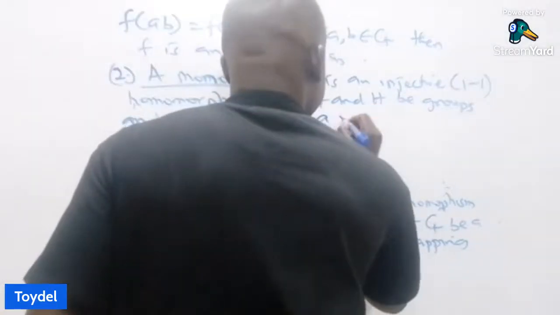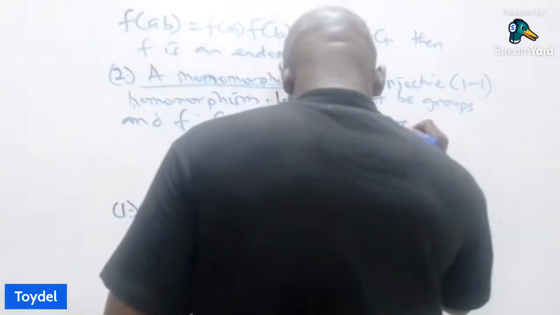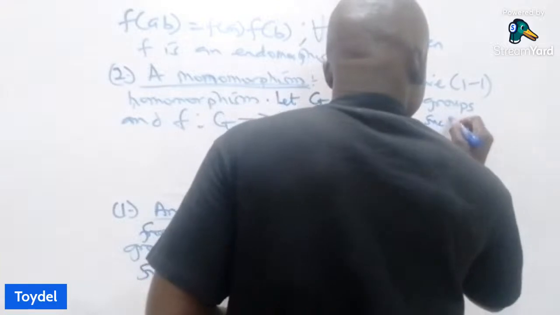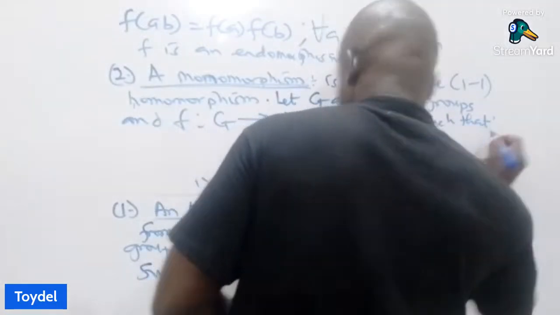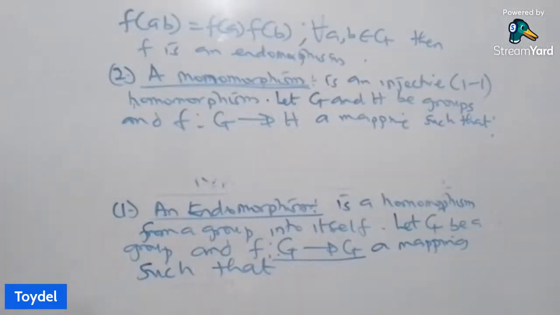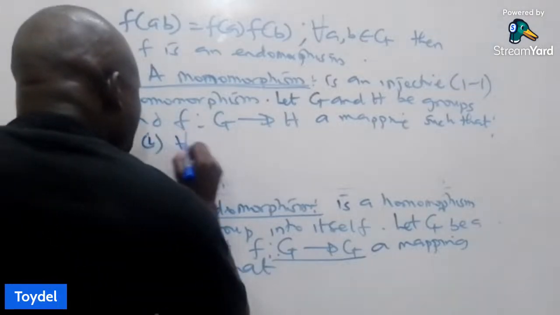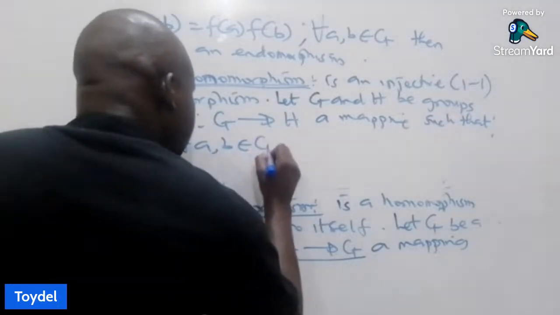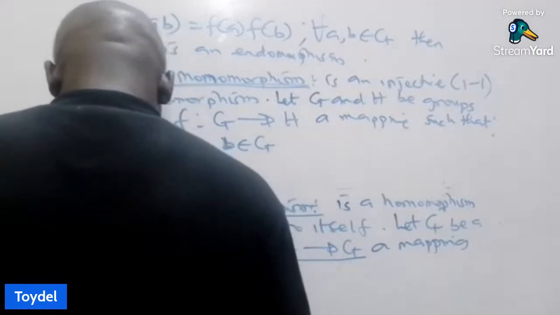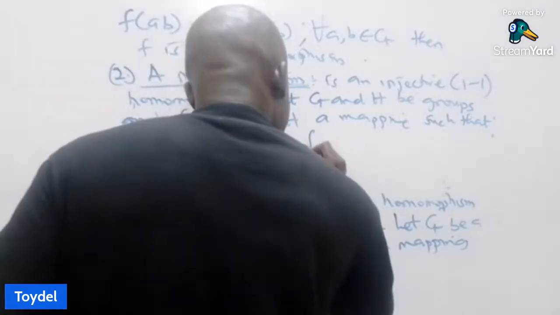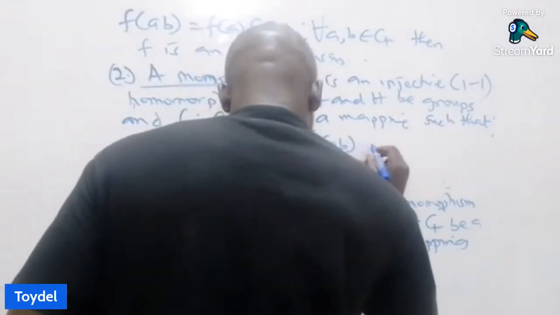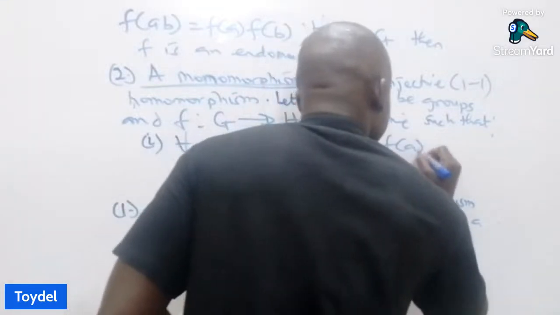So let this be a mapping such that, Roman figure 1, for all A, B that belong to G, we can have F of AB equal to F of A multiplied by F of B. That's the first condition.